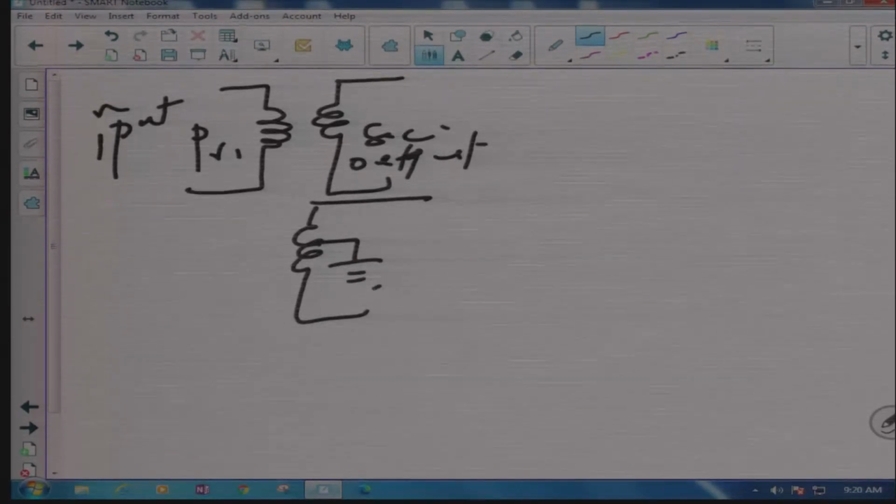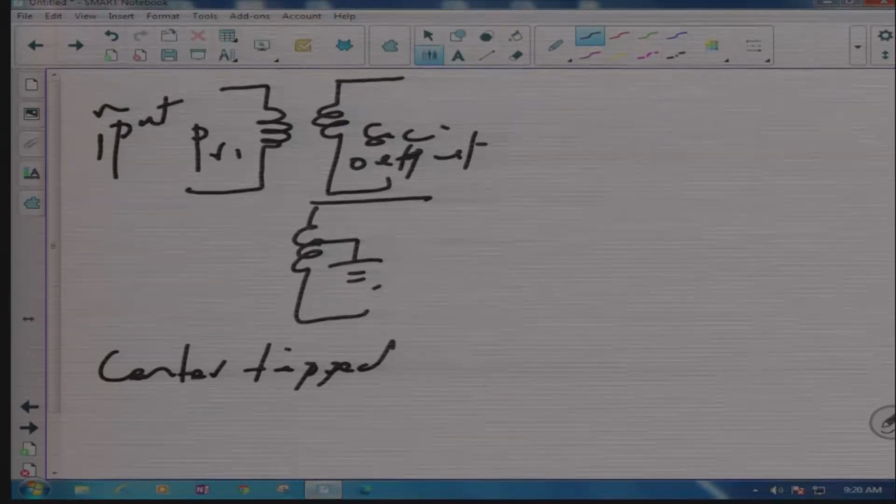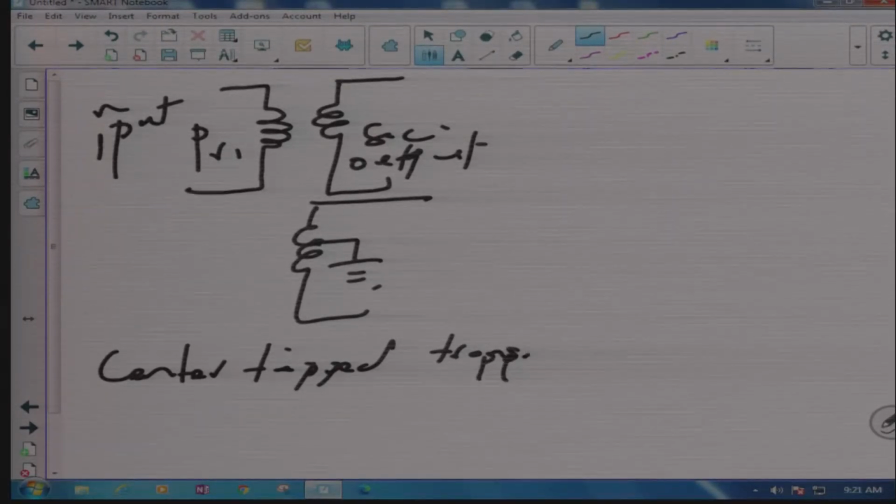Now, this type of transformer, look at it. At the center there, I have tapped it. We call it a CenterTap transformer. Now, how does a CenterTap transformer work?